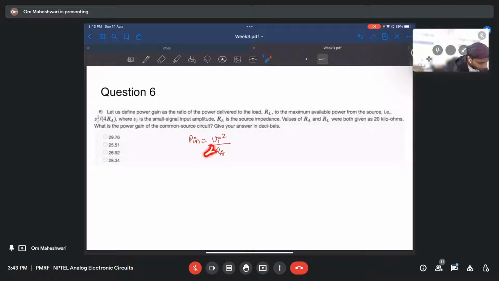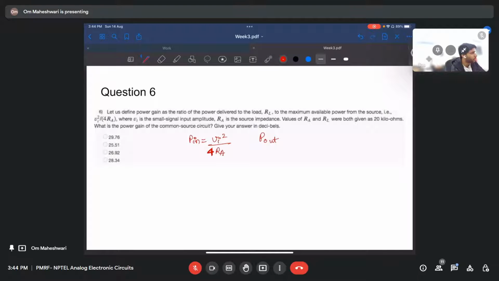Where this 4 comes from is something you might have studied in any networks course, the maximum power transfer theorem. Due to maximum power transfer, we match the input and output impedances. That is why we get this 4. I just wanted to point that out.